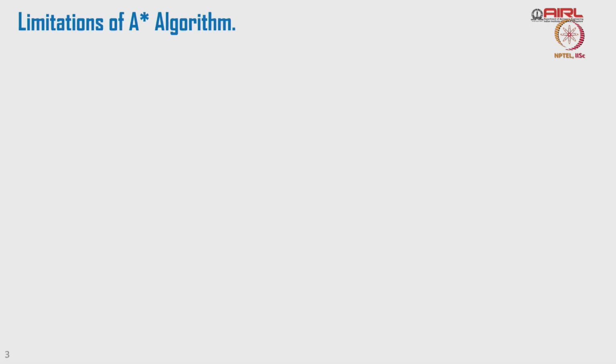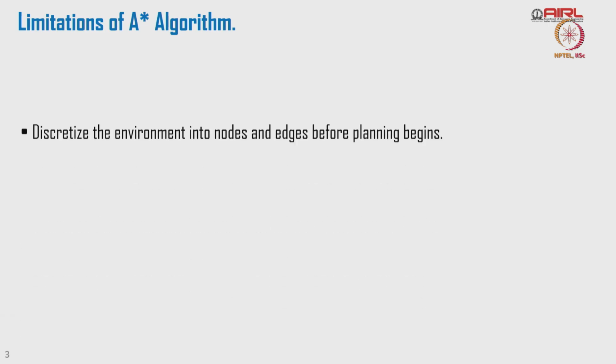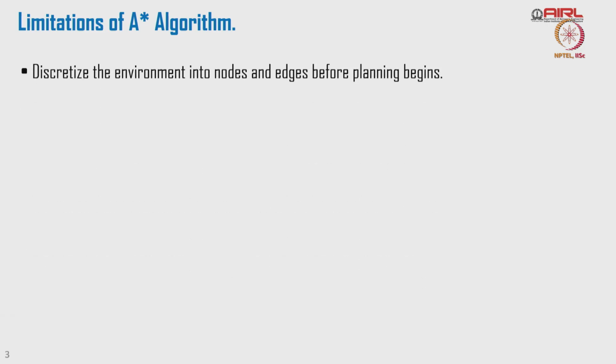So, we will just have a recap on the limitations of A star algorithm. We have seen that for grid based path planning like A star, it is required to discretize the environment into nodes and edges before the path planning begins. That means, we have the map and then the total environment that is available in the configuration space will be discretized, right.